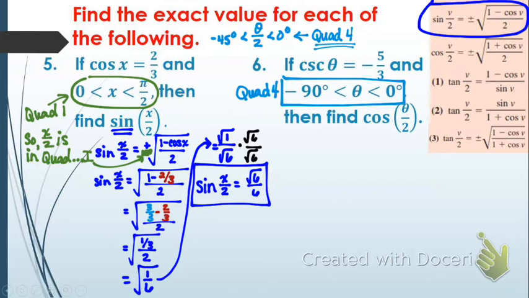And I want to find what? Cosine. I want to find cosine. I only have one formula for cosine. Cosine of theta over 2 is equal to plus or minus the square root of 1 plus cosine theta over 2.